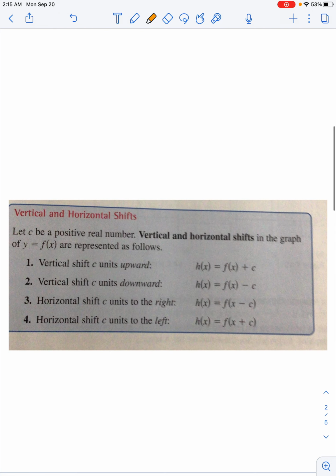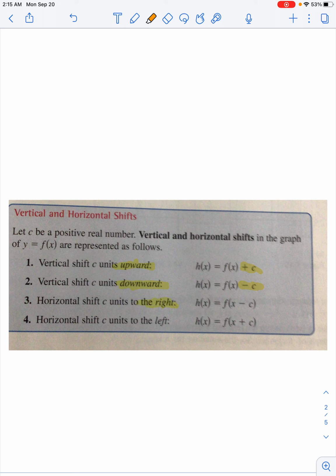What we can do is we can take vertical and horizontal shifts. If you look at a vertical shift that goes upwards, I'm going to add a number additionally to my function. So whatever my function was, if it was f of x, I'm going to add something on the end of it. Whereas if I want to shift it downwards, I'm actually going to subtract it.